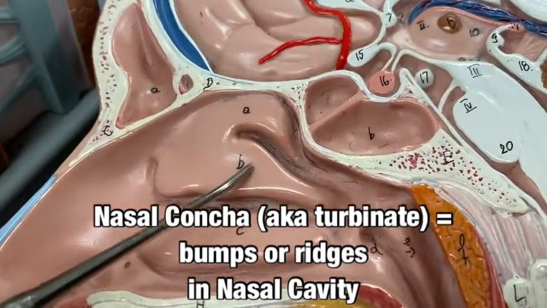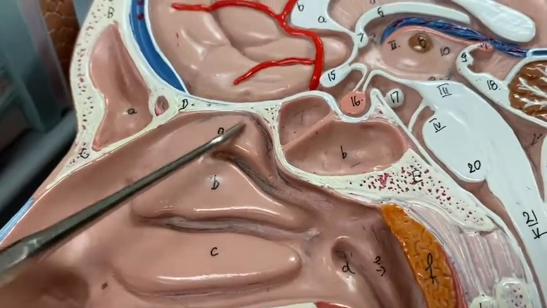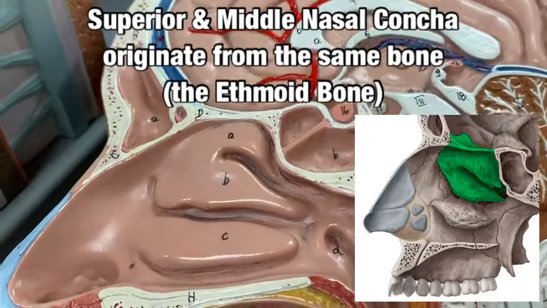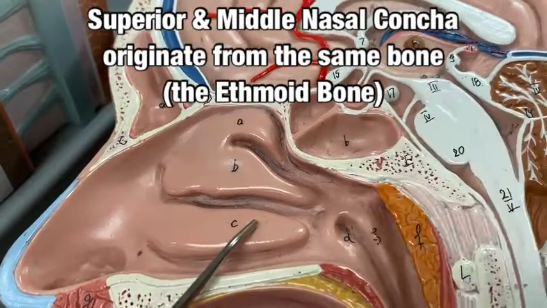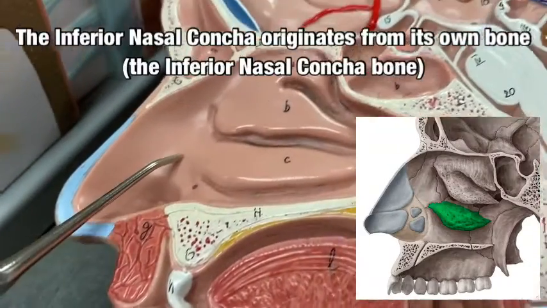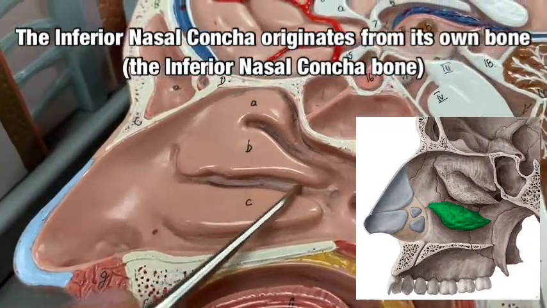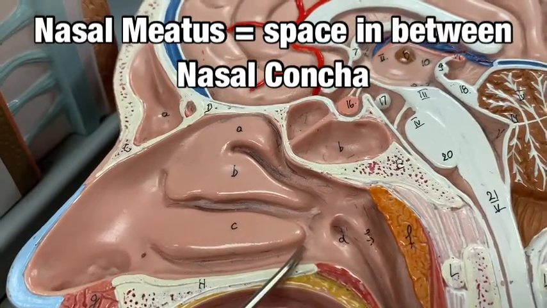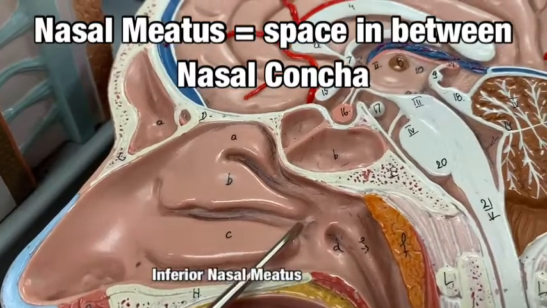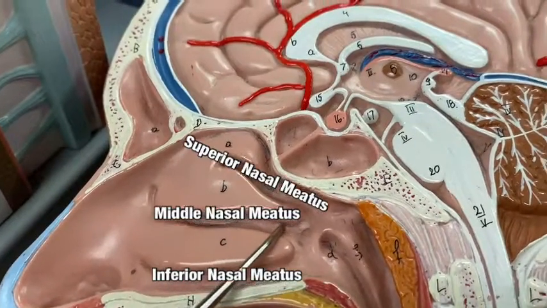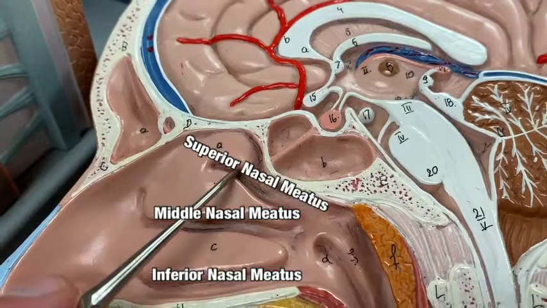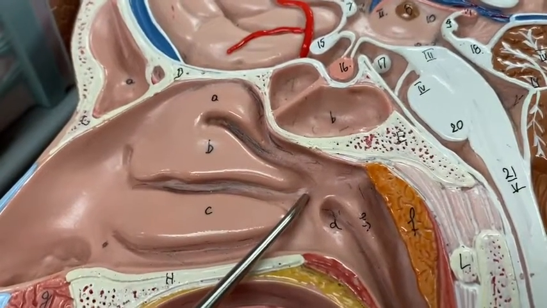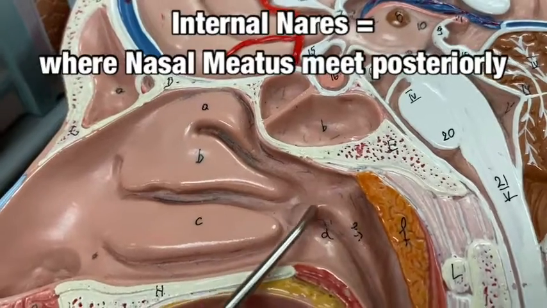Notice how the top two are together, but the bottom one is separate. The inferior is unique where it's separated from the other two. Now in between these, you have a meatus, or a passageway. So inferior nasal meatus, middle nasal meatus, and superior nasal meatus, all leading back to this part, which is right in here.